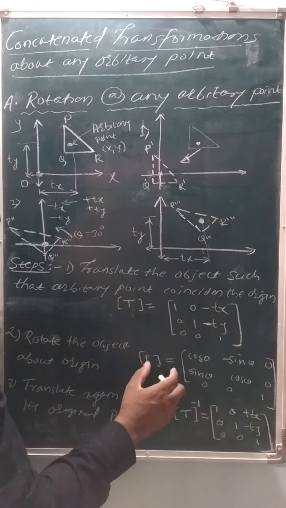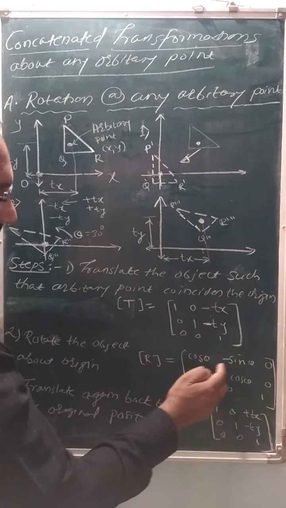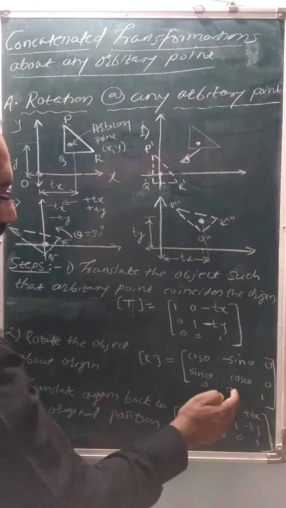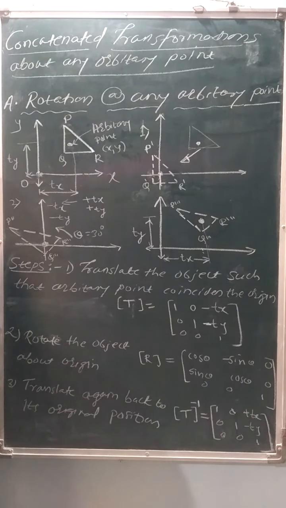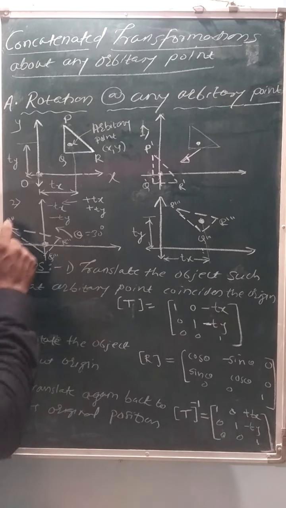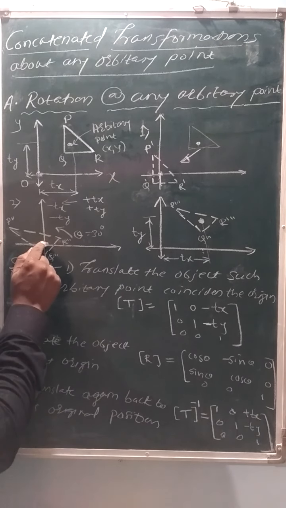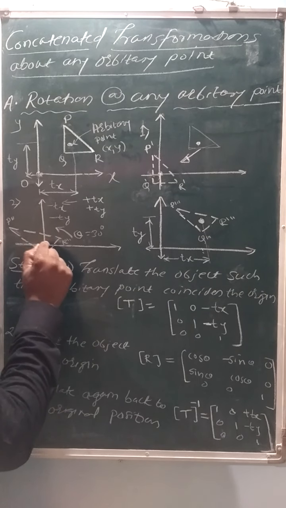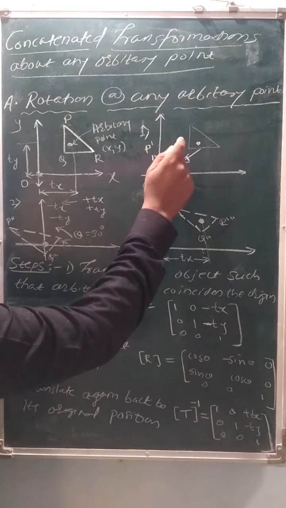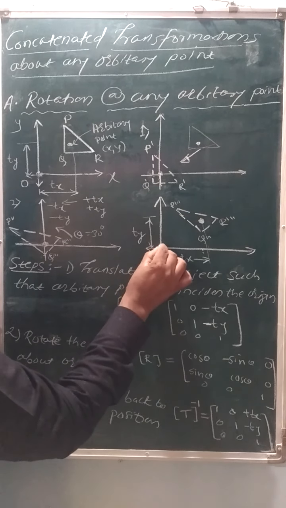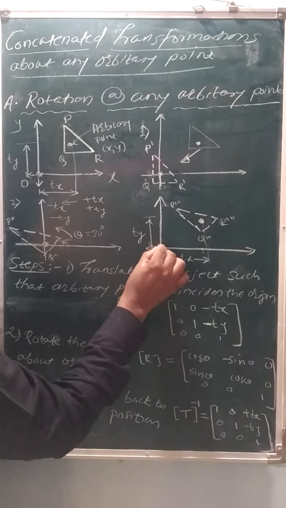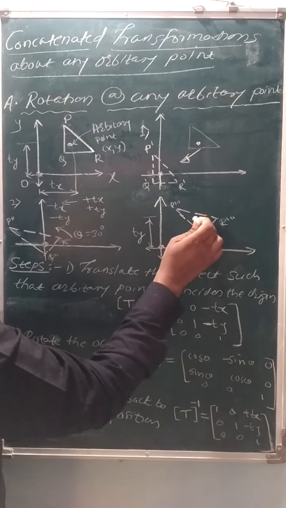So this will be the rotation matrix: cos theta, minus sin theta, 0; sin theta, cos theta, 0; 0, 0, 1. Now after rotation about the origin, we will retranslate or shift this arbitrary point to its original position.